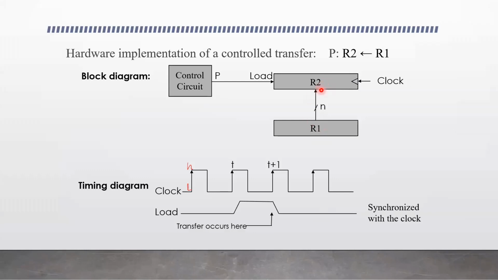The actual load happens when the operation is initiated by the value of P, when P is 1, and it is done in a clock cycle. The register and P are synchronized with the clock signal, so at a particular time t, when P goes high to 1, this load happens. The operation is initiated and performed.